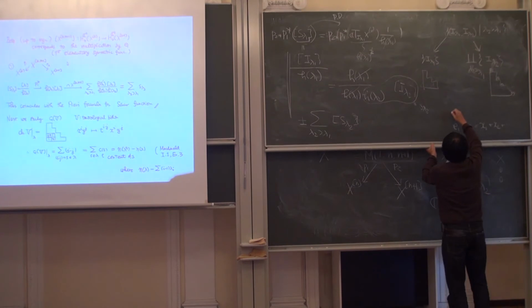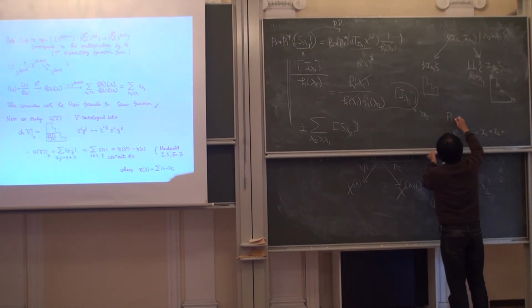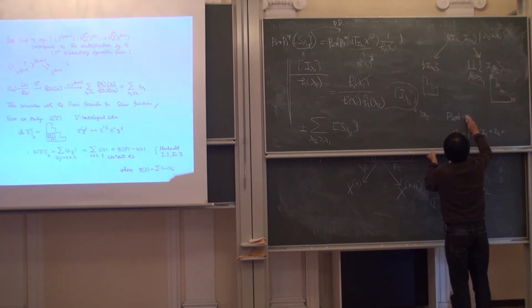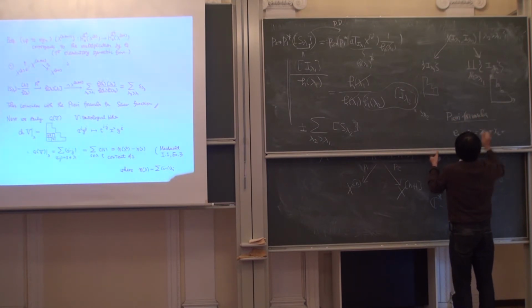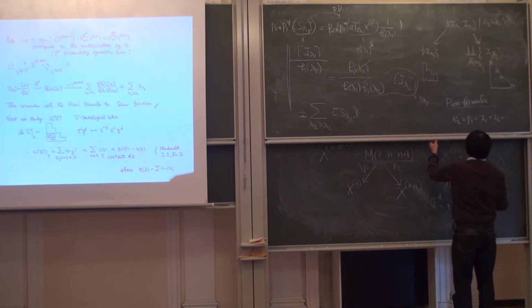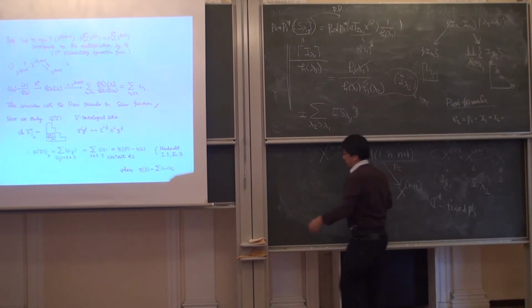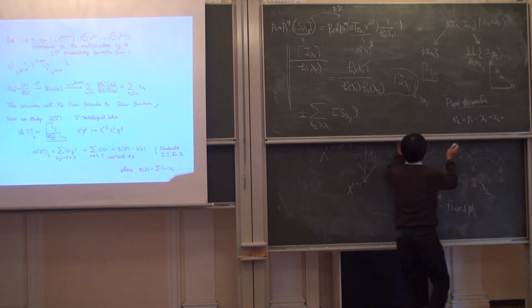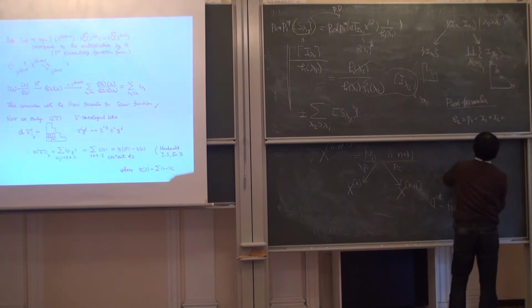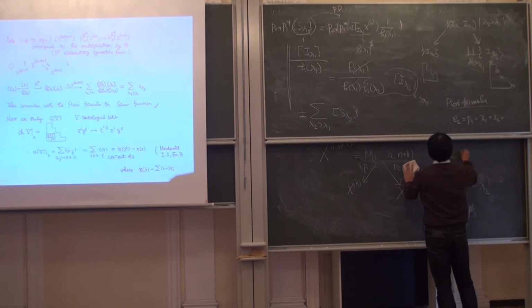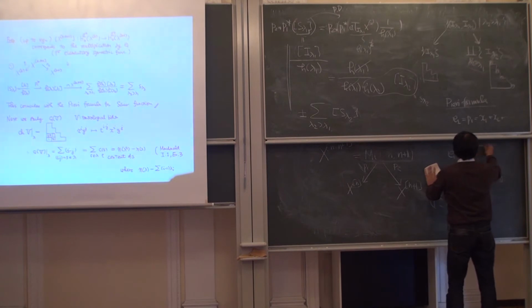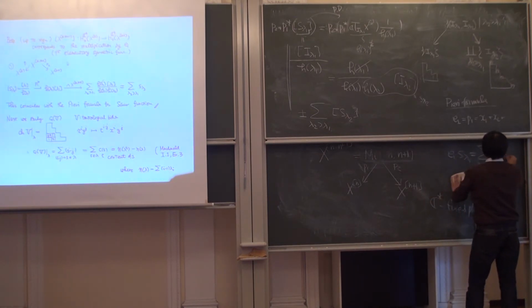So the Pieri formula is known for any symmetric function, but this is the Pieri formula. So if you multiply this elementary symmetric function to Schur functions, you get this formula.